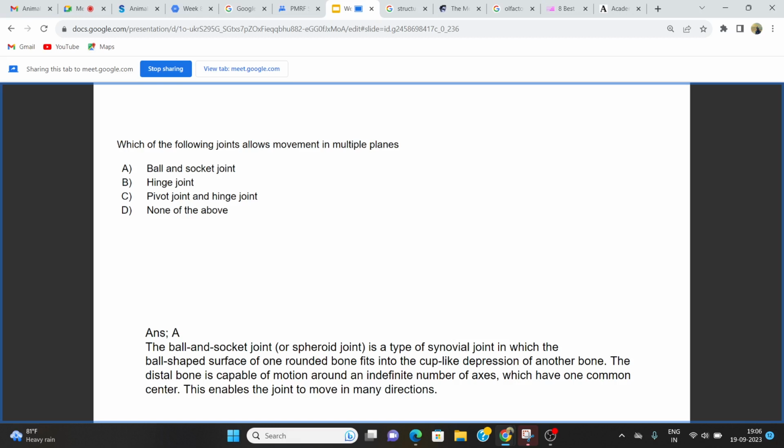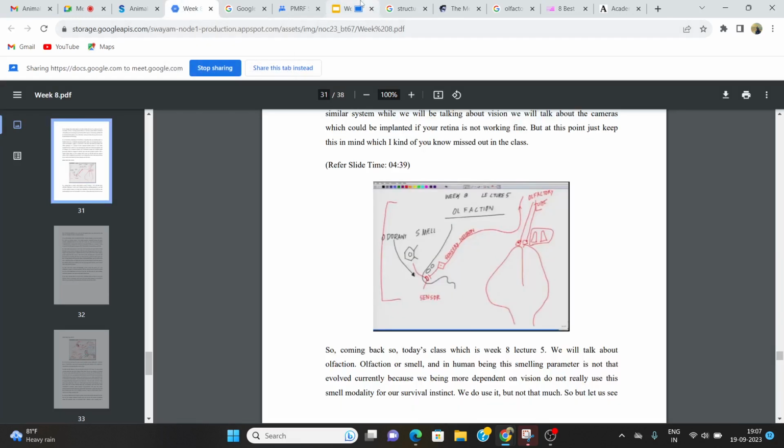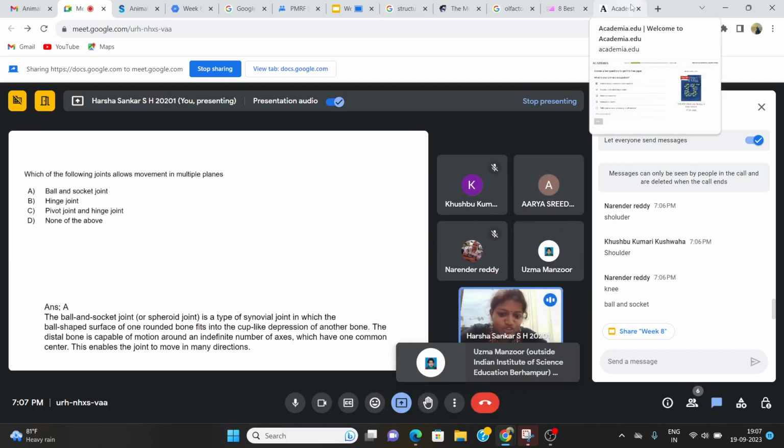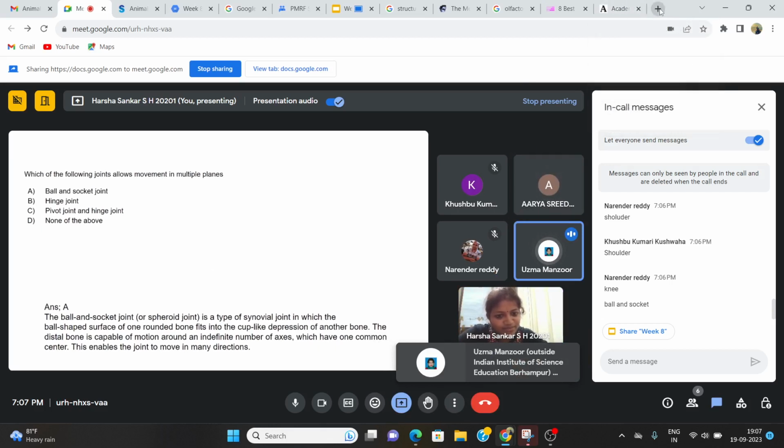Then what is this one? That is the hip joint. Where is the hip joint? That is also ball and socket. What is the joint present in the neck? Pivot joint. Yeah. Okay.